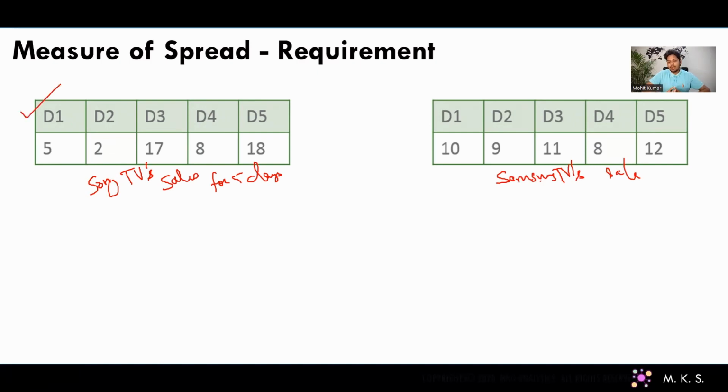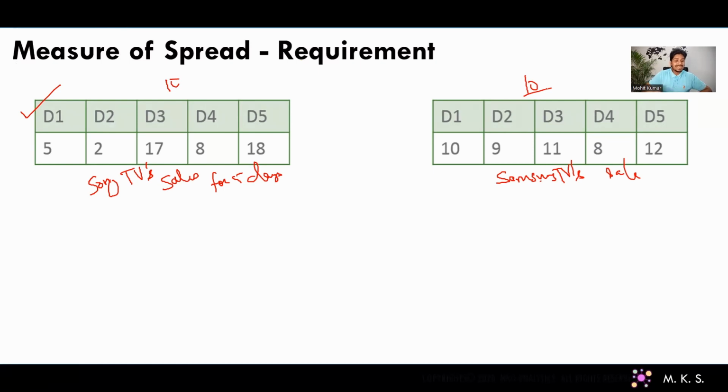Now if you look at these two data sets carefully, the values are quite different in both the data sets. If you calculate the mean of these two data sets, we will have the same value, right? If you calculate the mean for this data set, the average is 10. And for this data set as well, we have the average value 10. Now, the central tendency measure mean is giving you the same result.